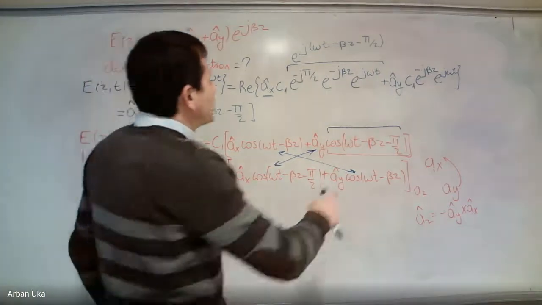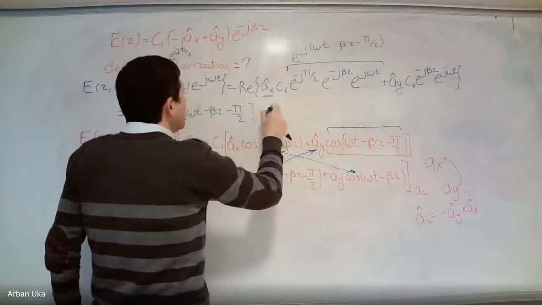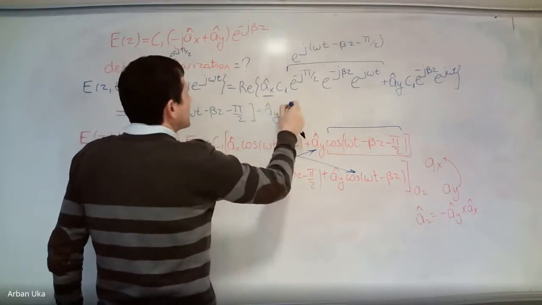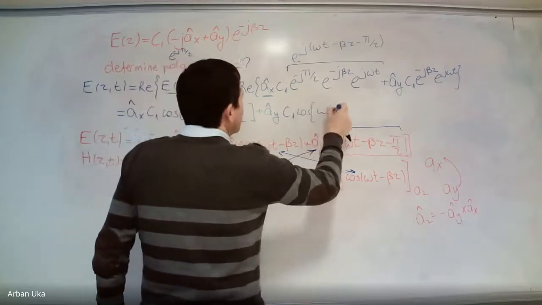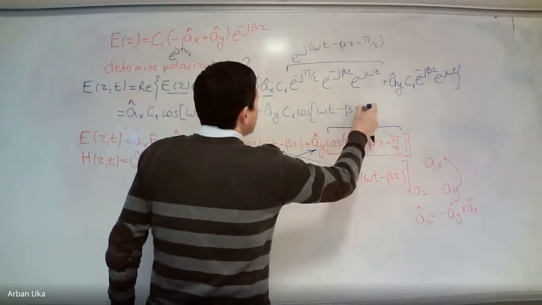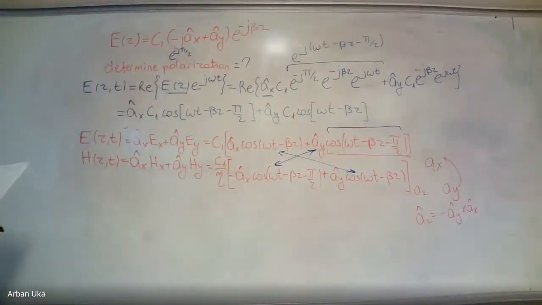By the way, have we forgotten anything here? No. Okay. Then we have here plus AY times C1, then again cosine omega t minus beta z. Okay. So this is the instantaneous expression of the electric field. So what do we observe here?